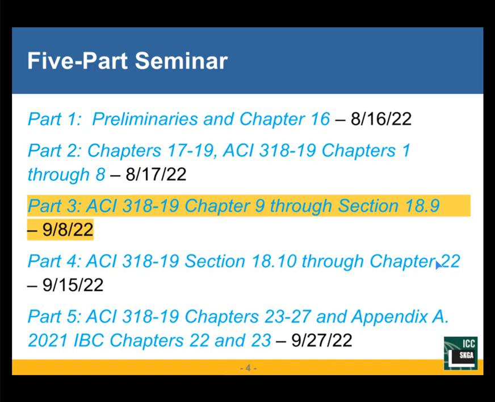Then part 4 next week, we will do the remainder of chapter 18 and go through up to chapter 22. And on the last day, we will do the remainder of ACI 318. We will do chapters 22 and 23 of the IBC as well.